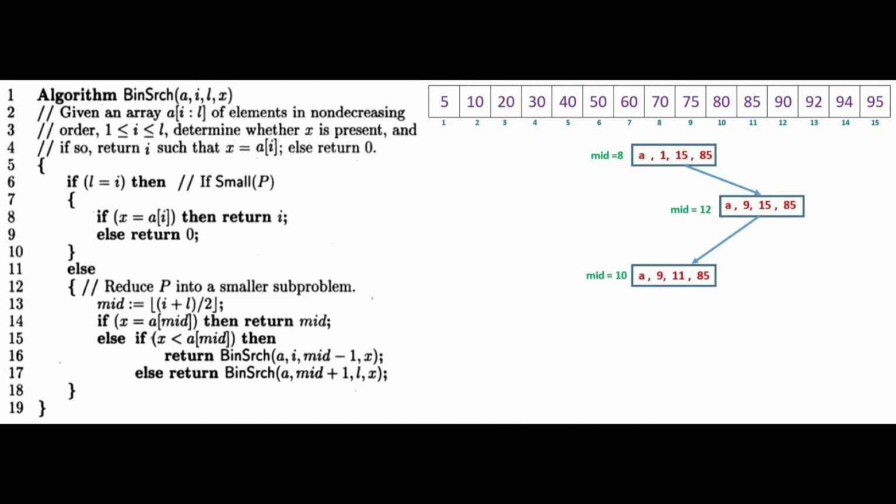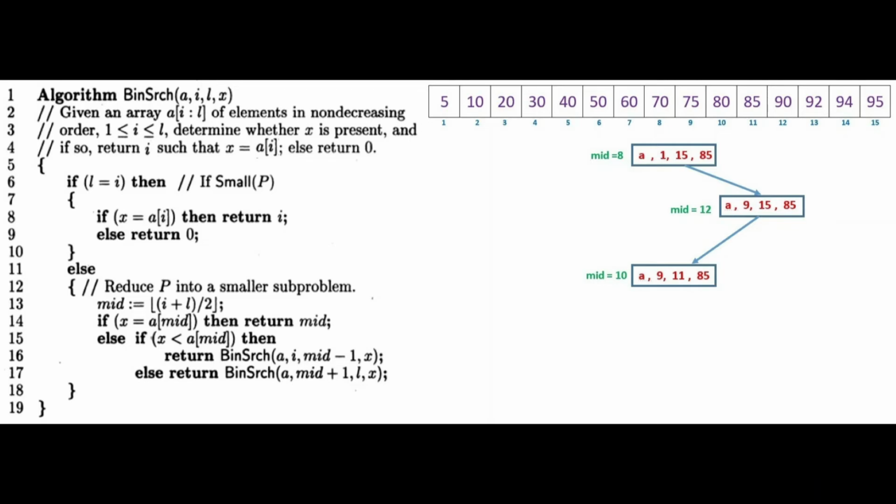Return binary search of A comma mid plus 1 comma L comma x. In the tree structure we go to the right side, the right subtree. Parameters are A, mid plus 1 which is 11, L is also 11, and x is 85.